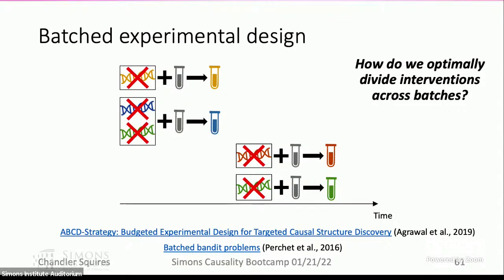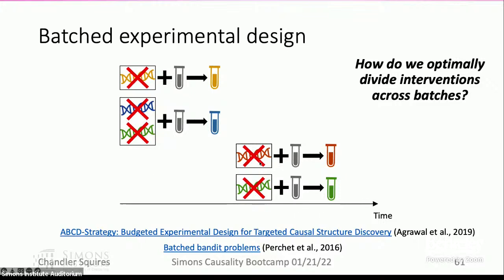The importance of defining intervention two at a time, where we do both interventions at the same time, versus doing one and then doing the other, but in the same batch. So in the same batch, the red one and green one, you're doing them at the same time, right?